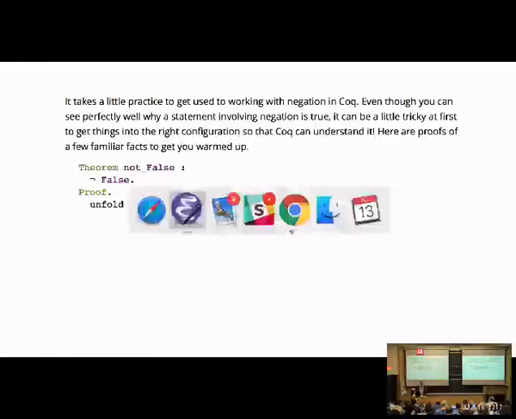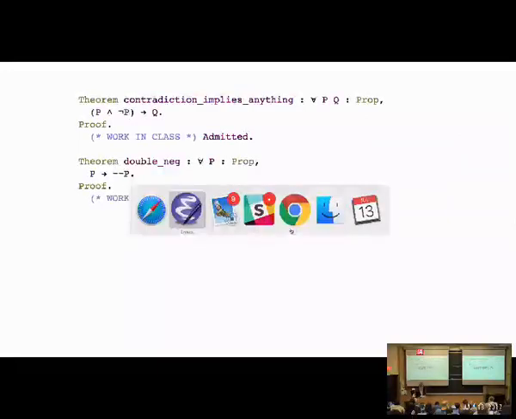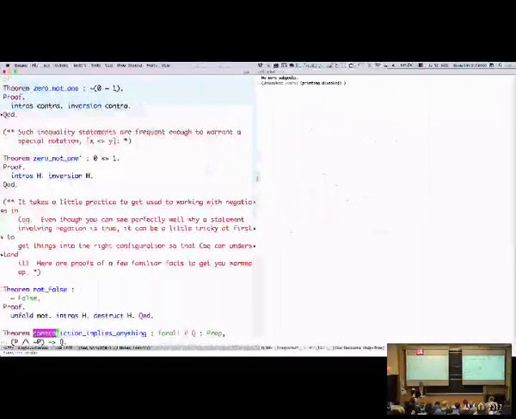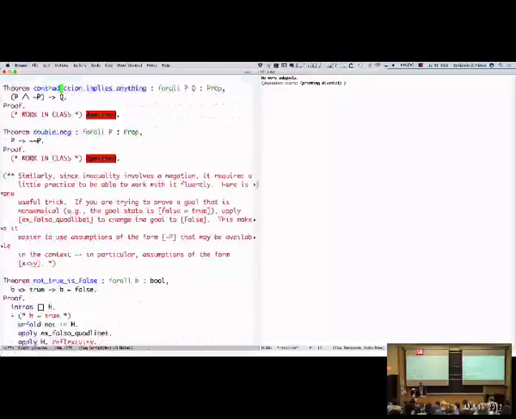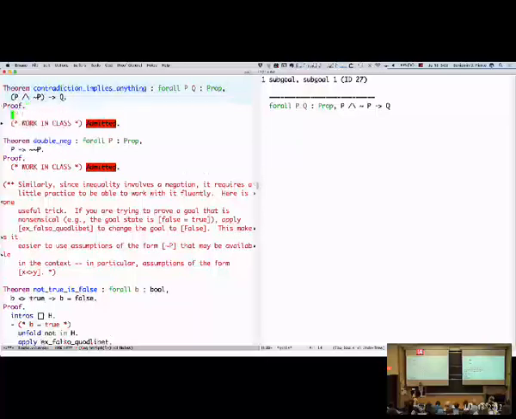Let's do just one together. How about this one? Let's prove that P and not P implies any Q you want. So we certainly need to begin with an intros.